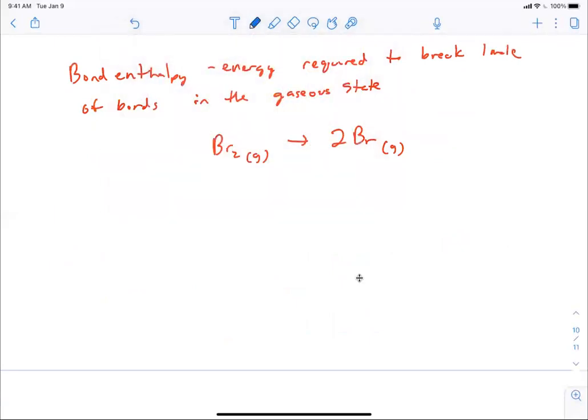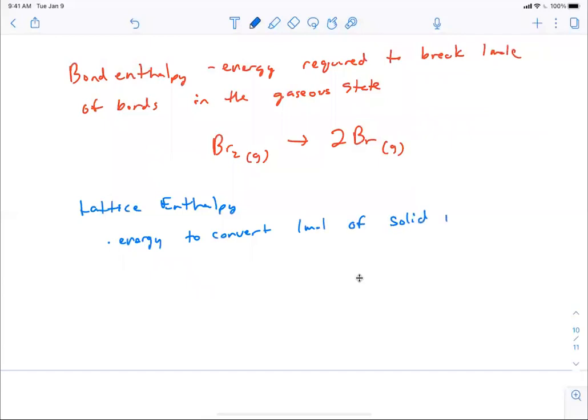For a higher level, in topic 15, you've got other ones. You've got lattice enthalpy, which is the energy to convert 1 mole of solid ionic lattice into gaseous ions. Okay.